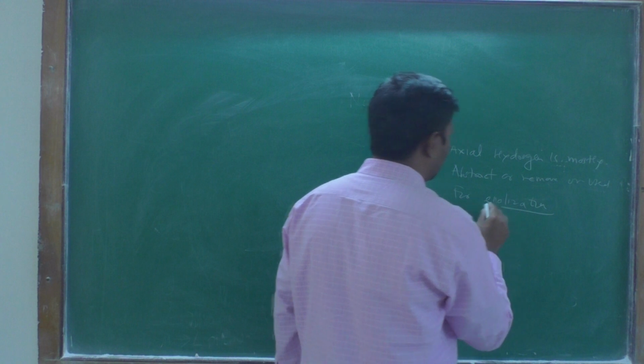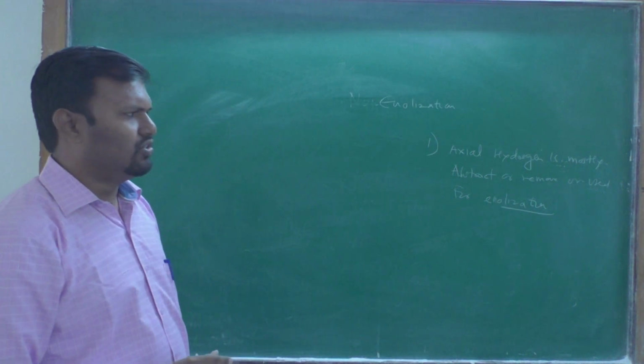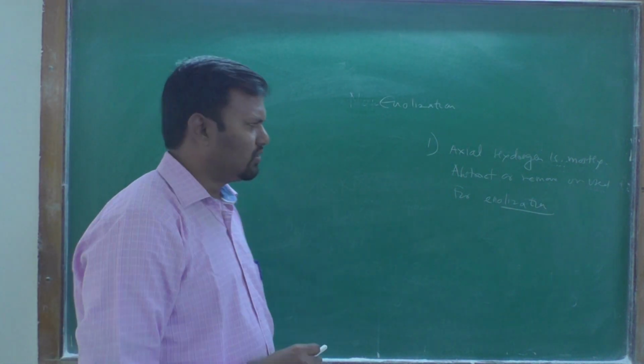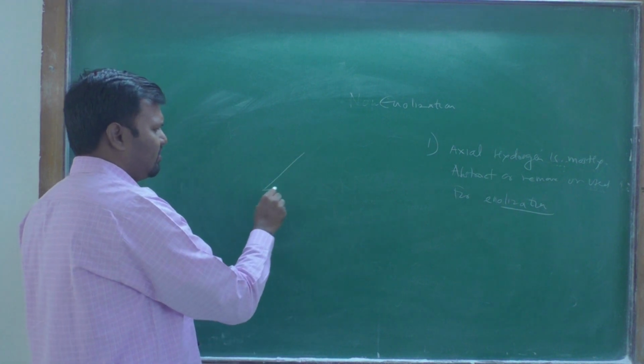In enolization mostly the axial hydrogen is used.